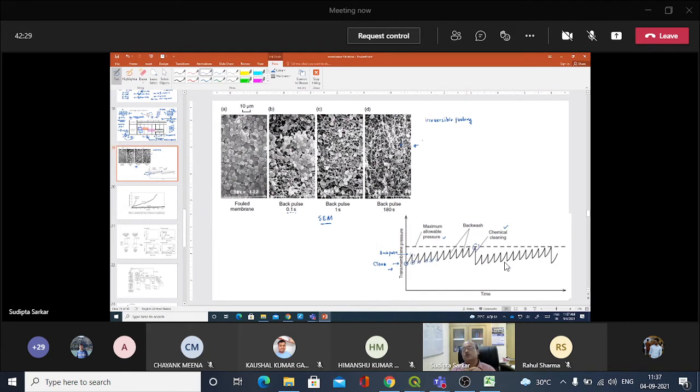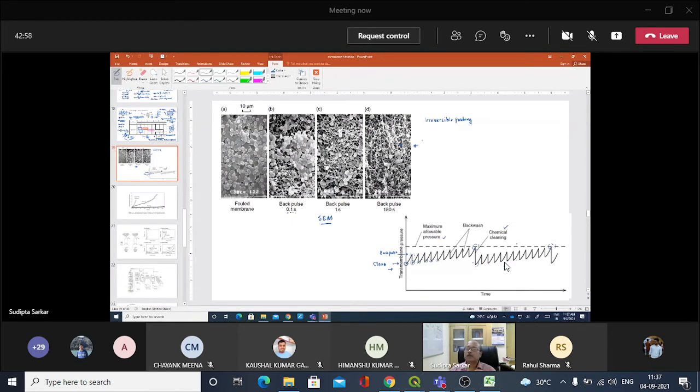But you use detergents to do it, and you use pH variation, so that you can do the chemical cleaning. After you do the chemical cleaning, it is expected that you reach the same level here. Then you start from here again, you reach here, and you do the chemical cleaning, and this is how the system will go on.